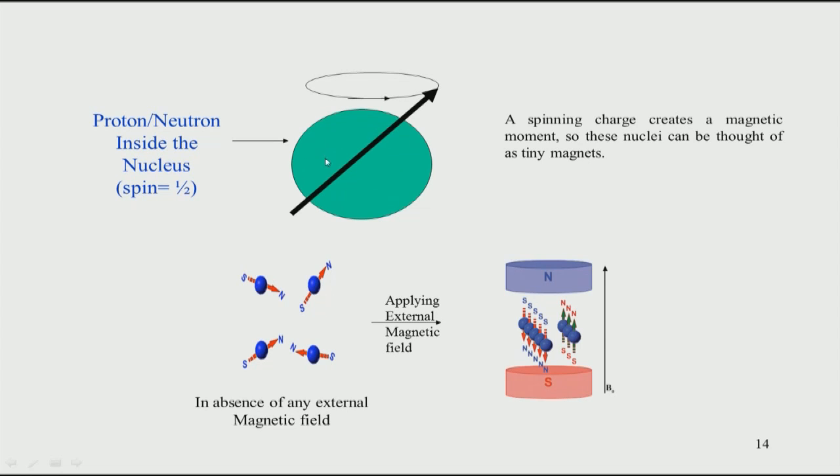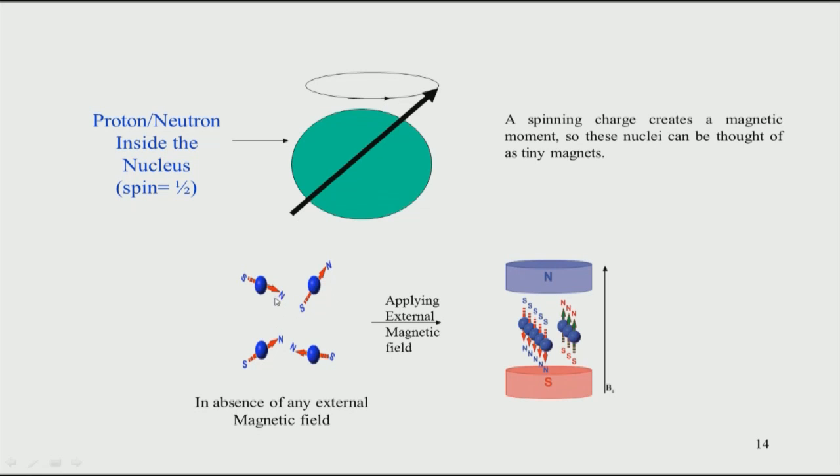Now it has a magnetic dipole associated with every nucleus. Every nucleus which has a charge and spin is now a small magnet. We can associate with the magnet what is called a magnetic dipole, similar to the magnets which you see in day to day life, where we call it north pole and south pole. So, we associate a magnetic dipole moment with every nucleus.